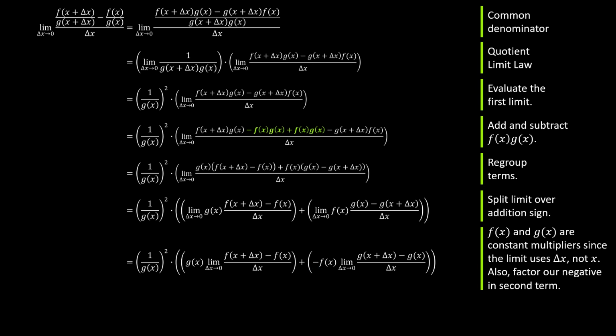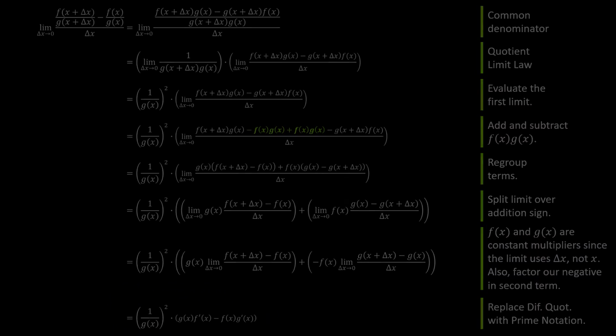But now, if I look at what this is, I have still my square, but then I have g of x times the difference quotient for f, so that's just f prime. And then I have negative f of x times the difference quotient for g, so that's negative f of x times g prime. So this gives me a nice compact version of that difference quotient.